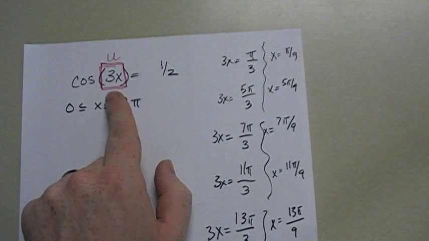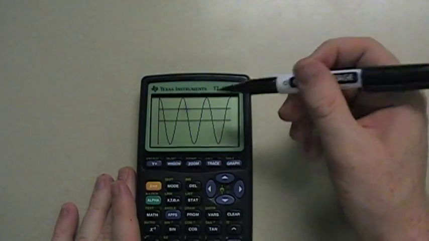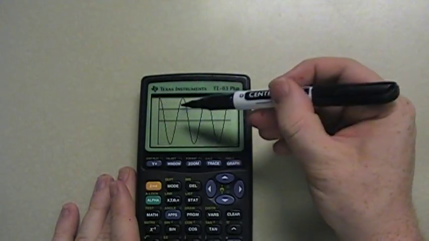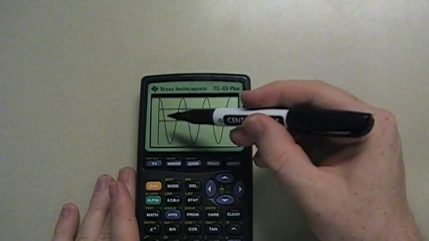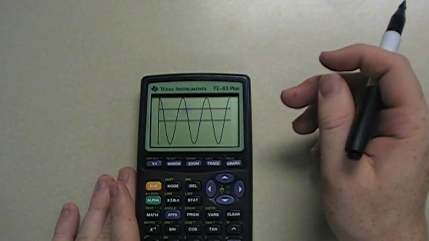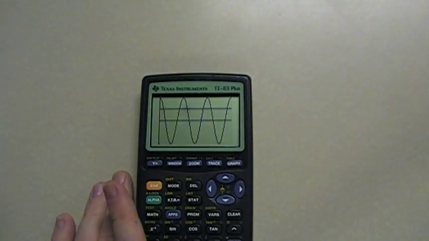But now we have more periods because we made it smaller. I did a quick graph of both the cosine of 3x and the line y equals 1/2, and you can see between 0 and 2 pi, you get 1, 2, 3, 4, 5, 6 solutions where the cosine intersects the line y equals 1/2. That's why there are so many solutions.